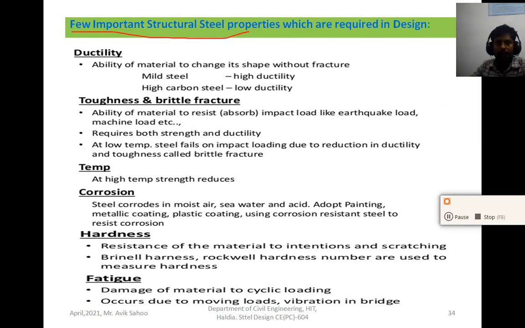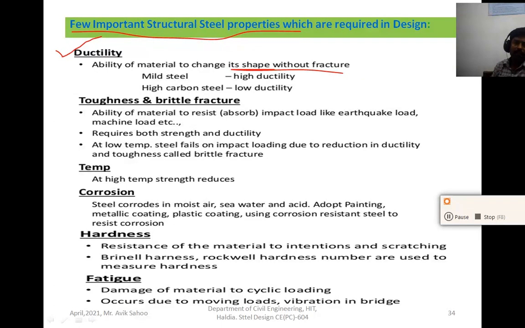Next, a few important structural properties which are required in design. What are the important properties? Like ductility. So what does ductility mean? Ductility means the ability of a material to change its shape without fracture. If the metal is ductile, it has large inelastic deformation, and when you release the load, without significant loss of strength and stiffness, it can come back to the original shape.